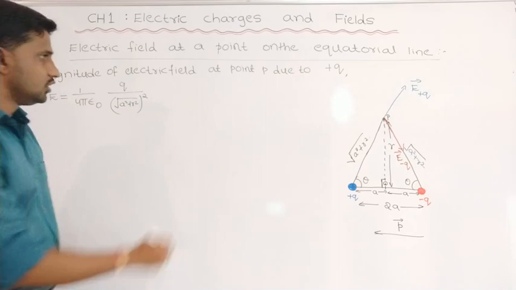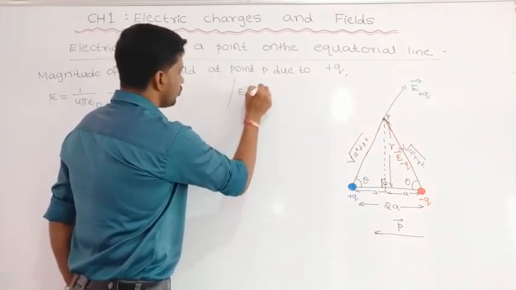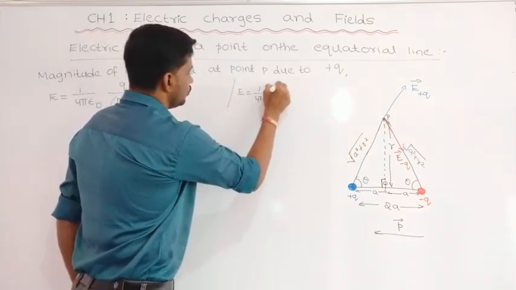Here also we are using the formula E is equal to 1 by 4 pi epsilon naught Q divided by R square.